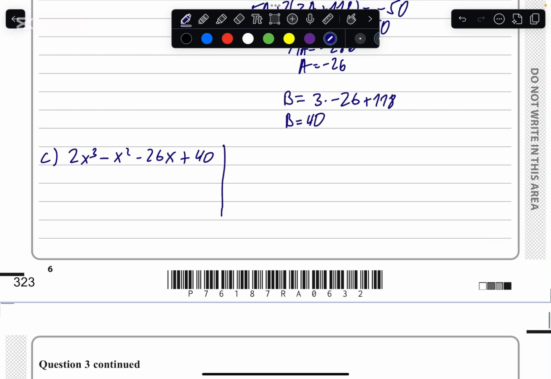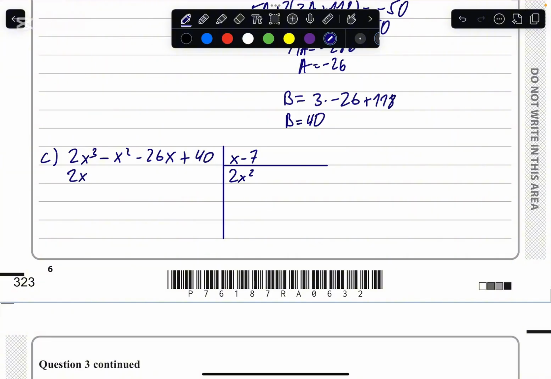And we divide this by x minus 7 to find the quotient. First, to find the 2x cubed, we multiplied by 2x squared.